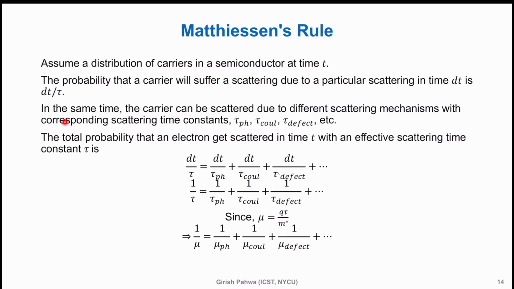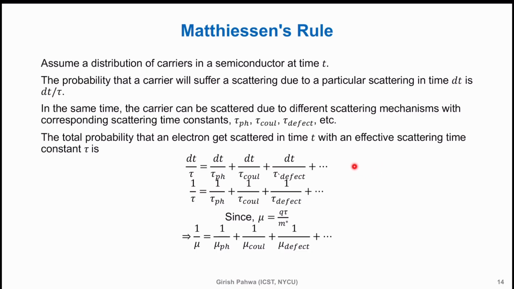It will be the sum of the two. I am assuming that phonon scattering, Coulombic scattering or any other type of scattering are all independent of each other. They are not influencing each other. That's why I can simply sum up their probabilities to get the total probability. So basically the total probability will be dt by tau phonon plus dt by tau Coulombic plus dt by tau defect plus any other thing.